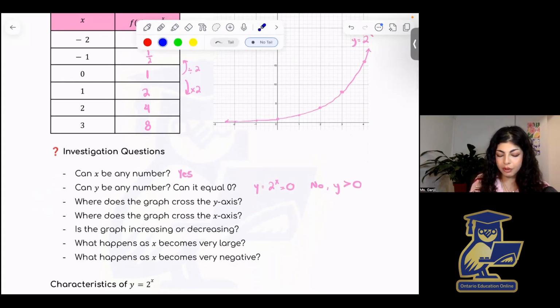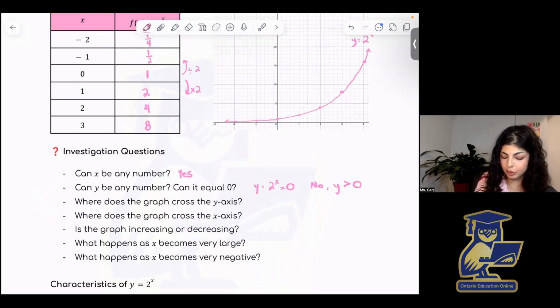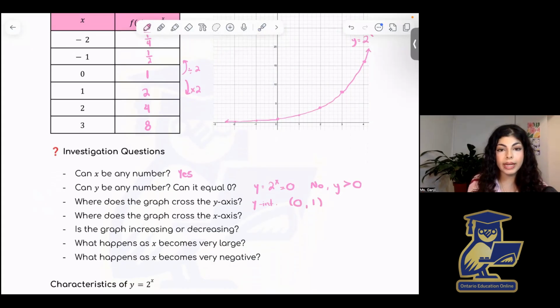Now, where does the graph cross the y-axis? And that's pretty much our y-intercept. So y-intercept is at 0, 1. So when x is equal to 0, then our function crosses the y-axis. Now, where does the graph cross the x-axis?